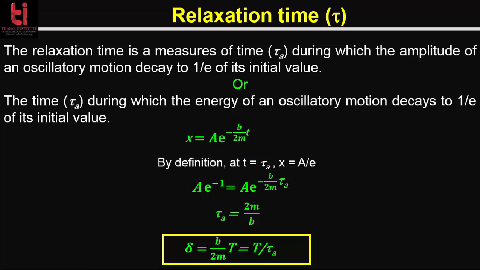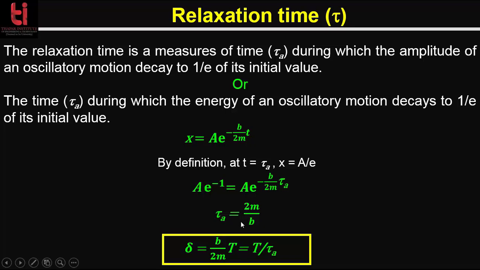Now if we ignore the cosine term and concentrate only on the amplitude of the oscillatory motion, we can say that x is equal to A into e to the power minus b by 2m into small t, and by definition, at t equal to tau, the relaxation time, x will be equal to A by e. If we compare these two, that will be A into e to the power minus 1 equal to A into e to the power minus b by 2m into tau.